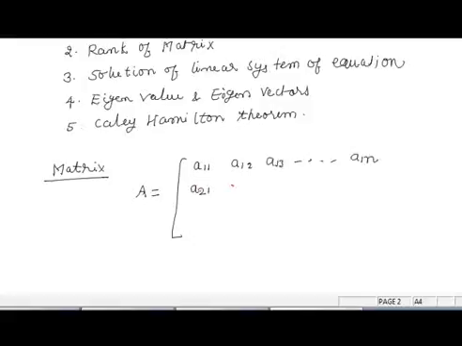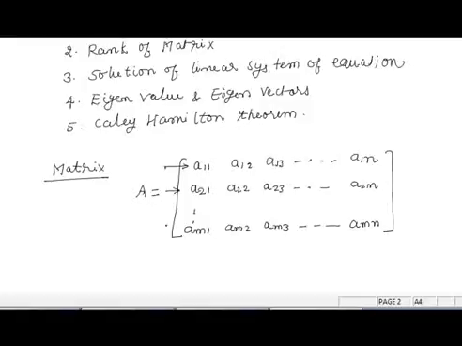Similarly, the second row can be written as A21, A22, A23, ... A2n, and so on up to AM1, AM2, AM3, ... AMN. So here we can see this is the first row, second row, similarly the mth row, and these are called the columns of the matrix.